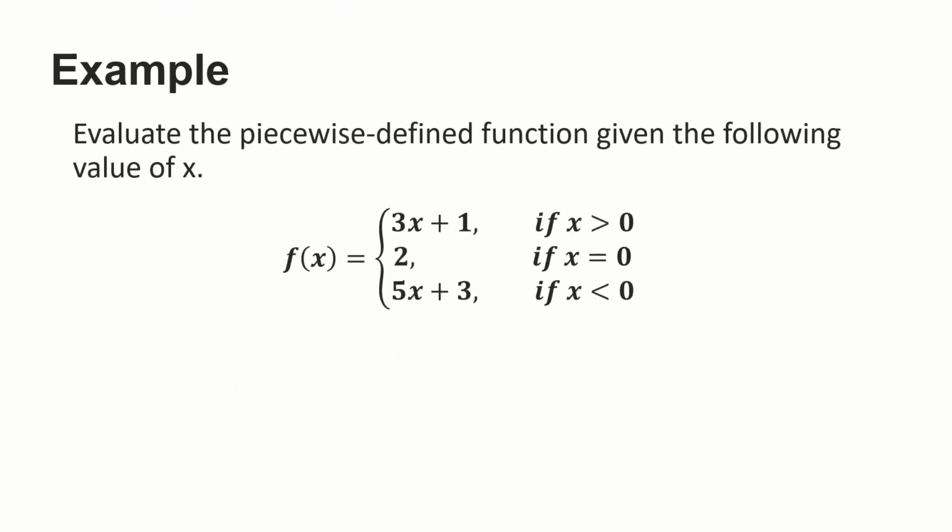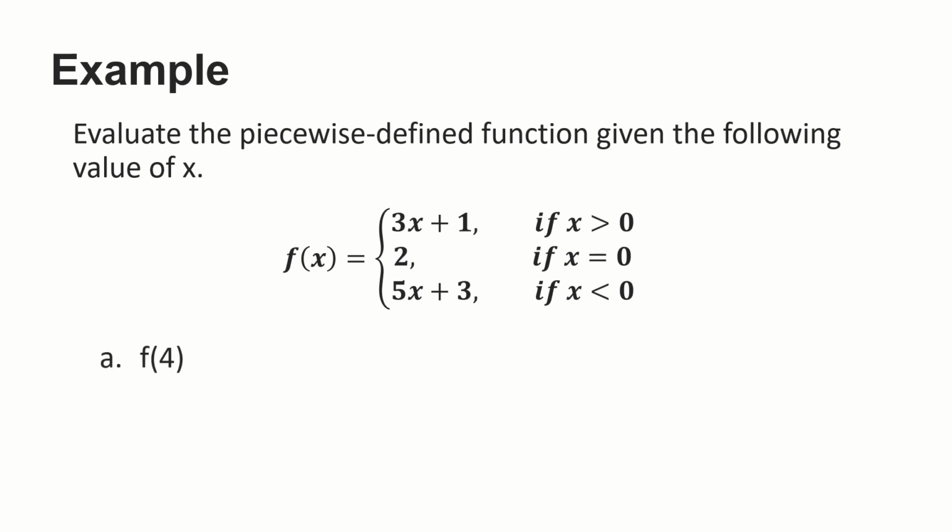Example: evaluate the piecewise defined function given the following values of x. Our piecewise function is f of x is equal to 3x plus 1 if x is greater than 0, f of x is equal to 2 if x is equal to 0, and f of x is equal to 5x plus 3 if x is less than 0.